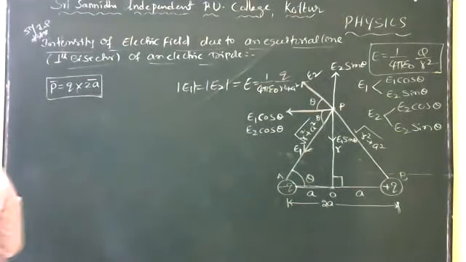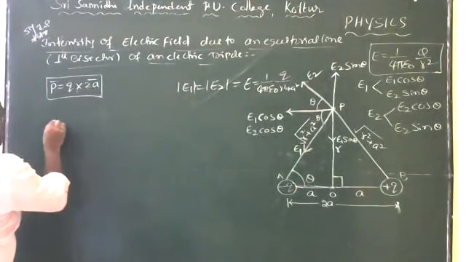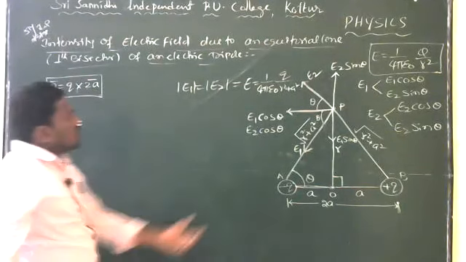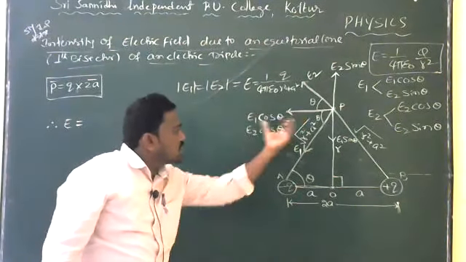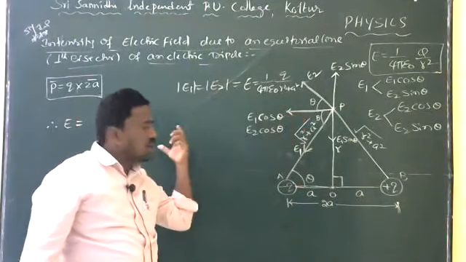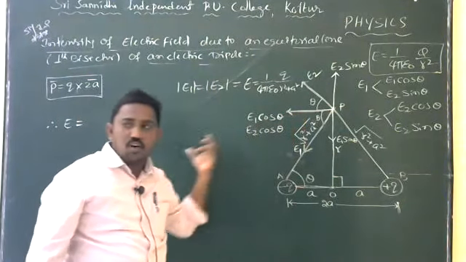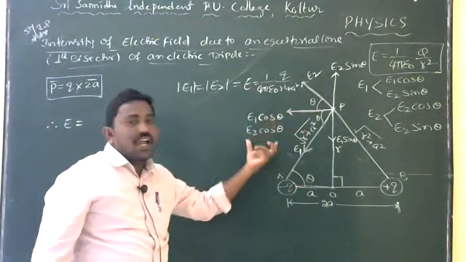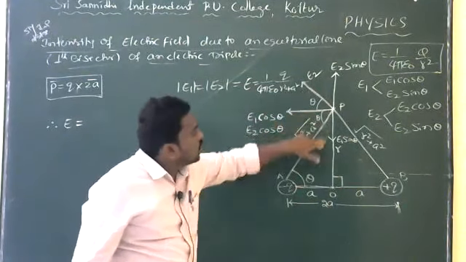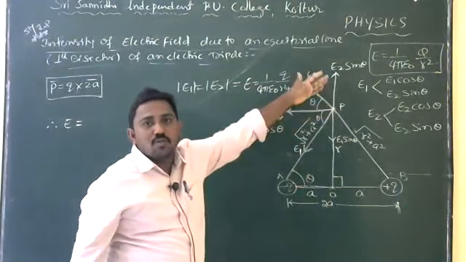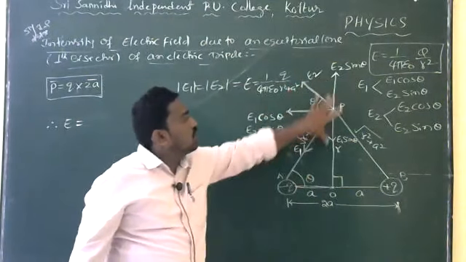Why? Because these two are acting in the same direction. E1 cos theta is acting horizontally, E2 cos theta is acting horizontally, so they can be added up. The vertical ones are equal and opposite, so they cancel. Here we add, there we cancel.